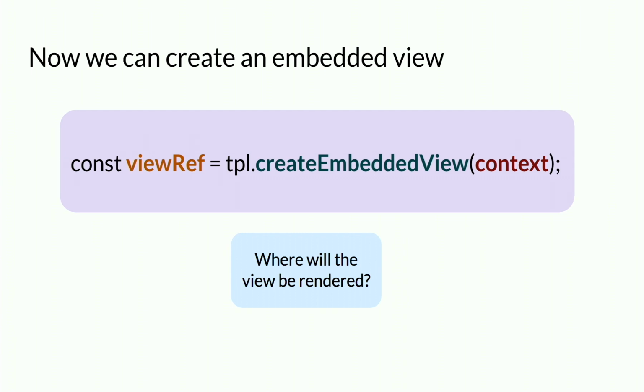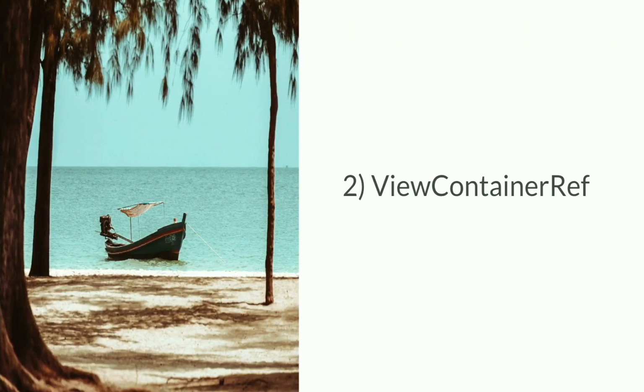It won't actually be rendered anywhere at this moment because it is not part of a component yet. In order for a view, an embedded view or a dynamic view, to be rendered, it has to be added to a view container. Like in this picture, the boat is anchored to the island by the tree.